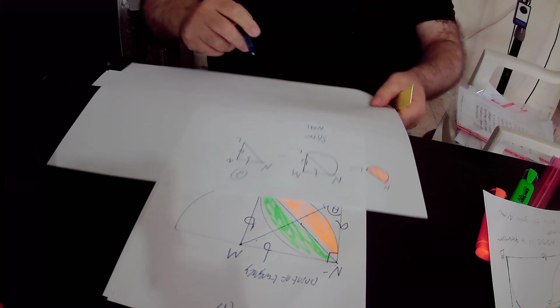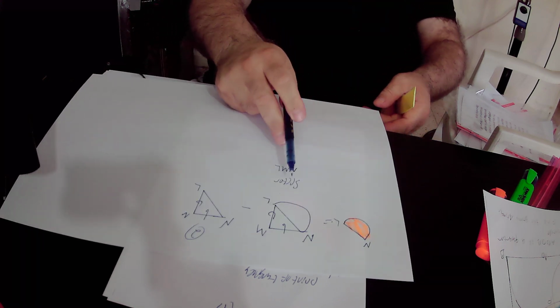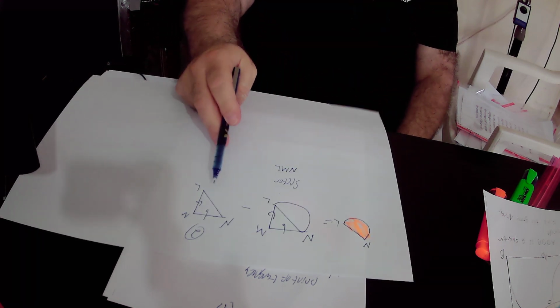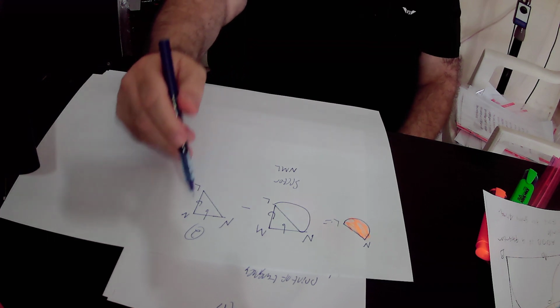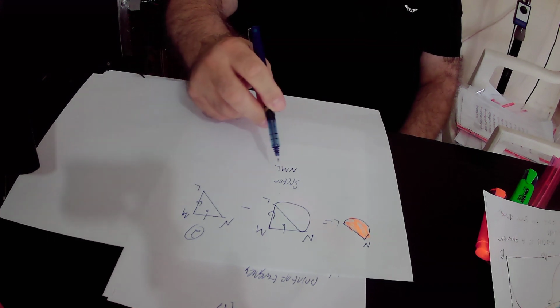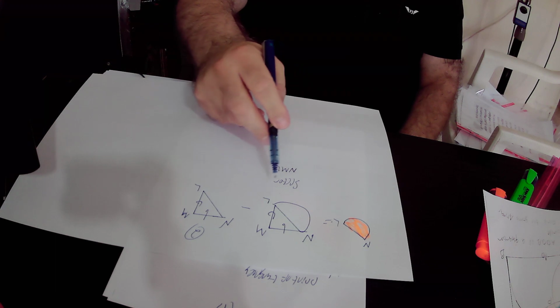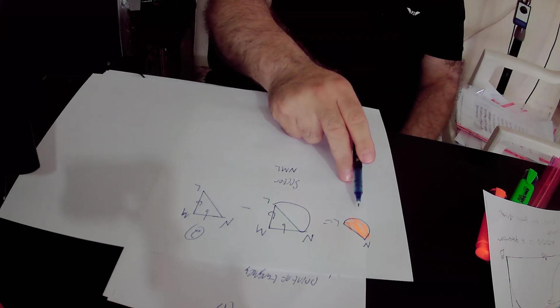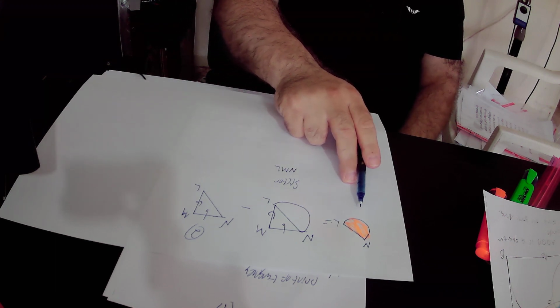It's very easy to see from the drawing that if you subtract the area of triangle NML from the area of sector NML, you will get exactly the area of the lower circular segment NL.